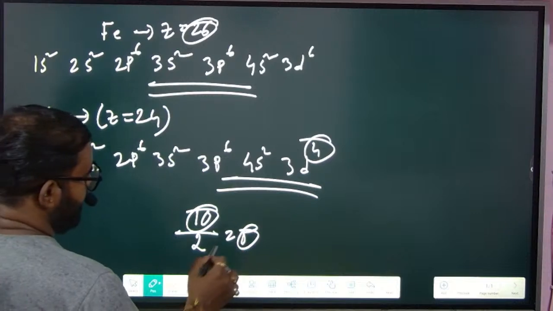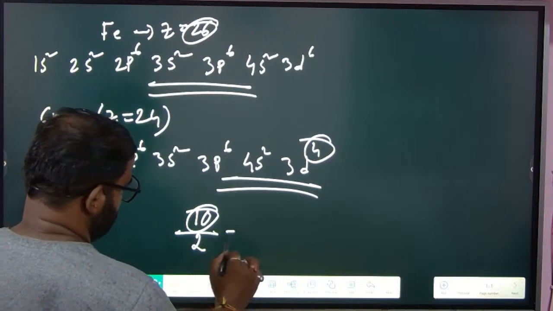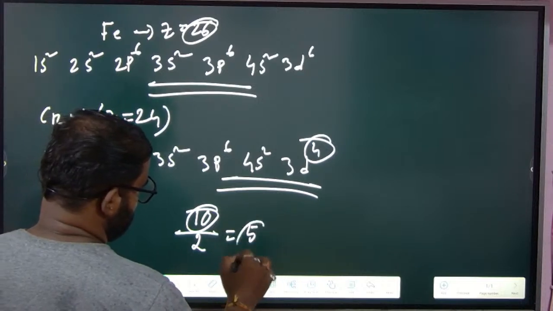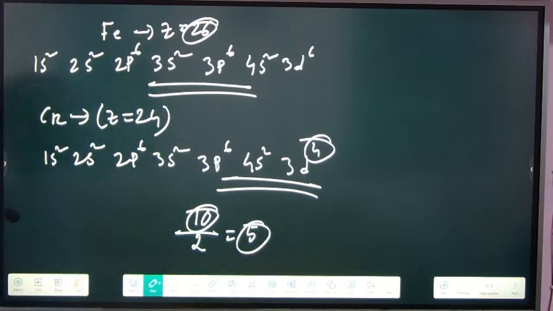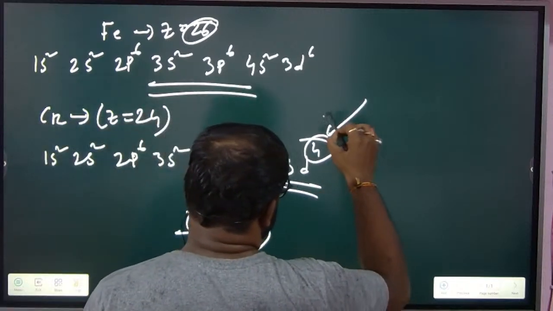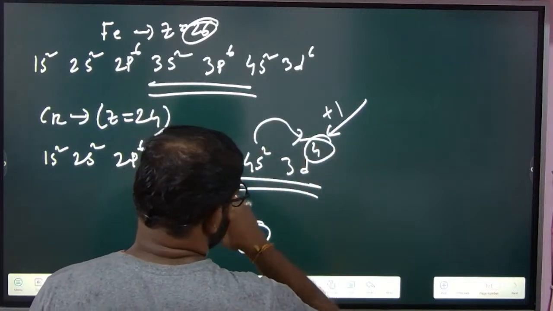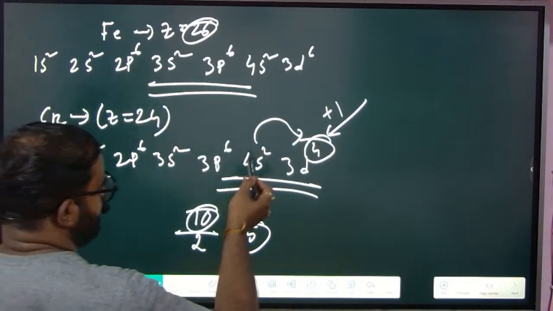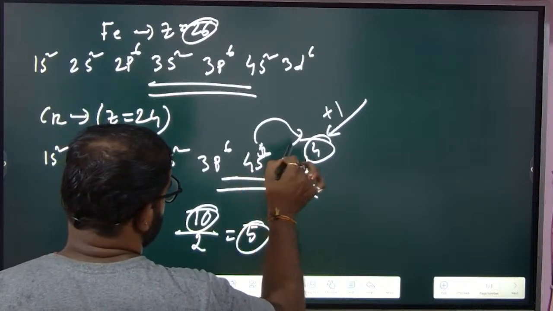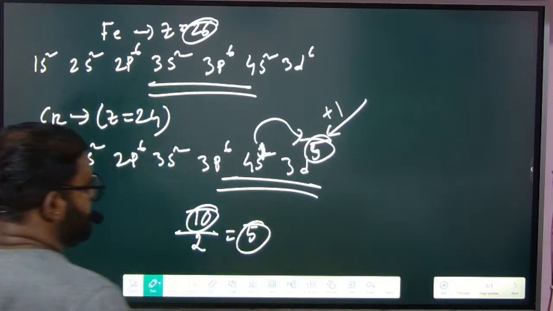So to complete the half-filled situation of the 3d orbital, we will have to fill another electron here, and where will it come from? From here. So the right configuration is 4s1 and 3d5. This is the right configuration of chromium.